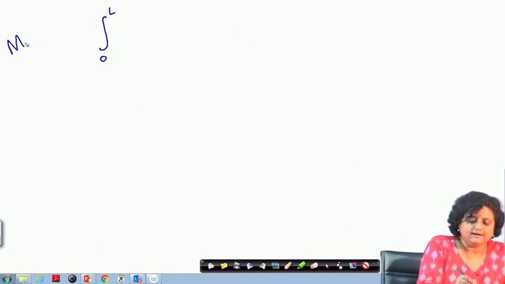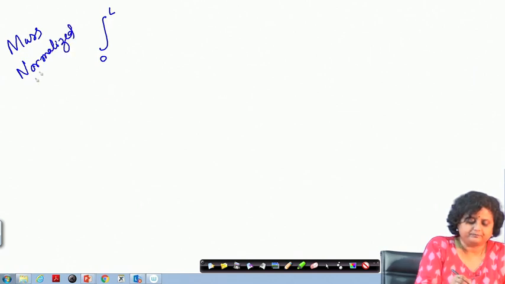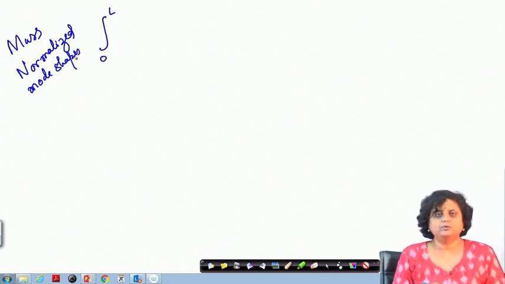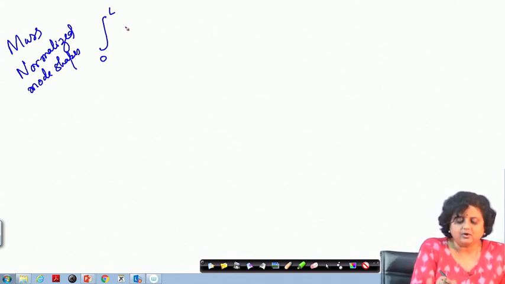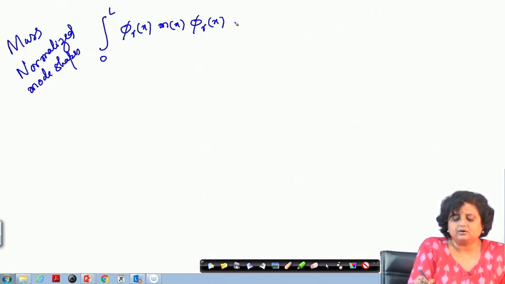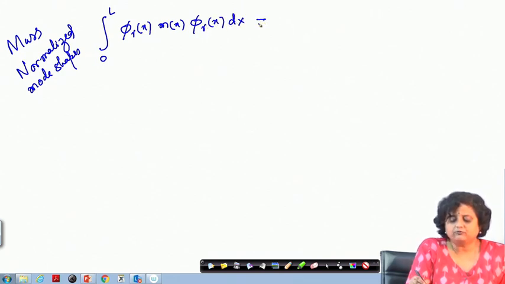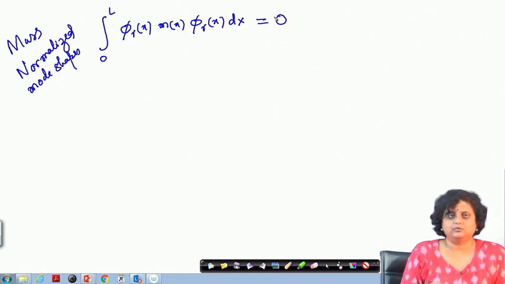To find the mass normalized mode shape, we take the integral between 0 to L of phi_r(x) into m(x) into phi_r(x) dx, and we forcefully equate it to 1.